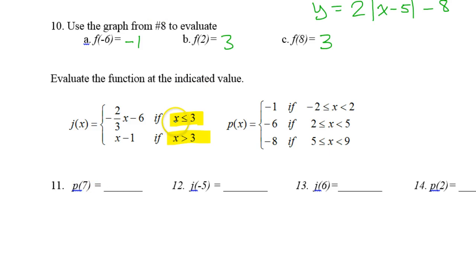If our x value is less than or equal to 3, then we use the top one. If it's greater than 3, then we'll use the bottom part. So let's see, is 7 less than or equal to 3? No. Is 7 greater than 3? Yes. That's why we're going to use the bottom part, x minus 1. So that means we have 7 minus 1, which is 6.